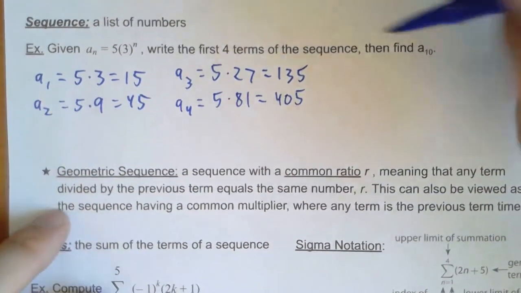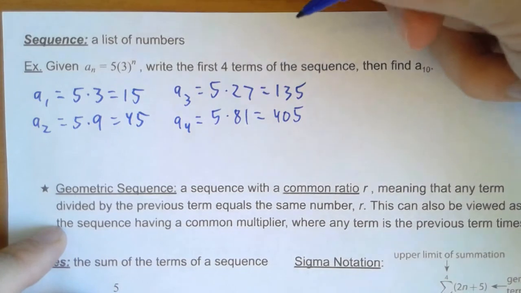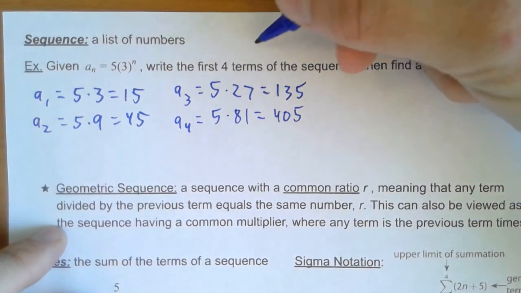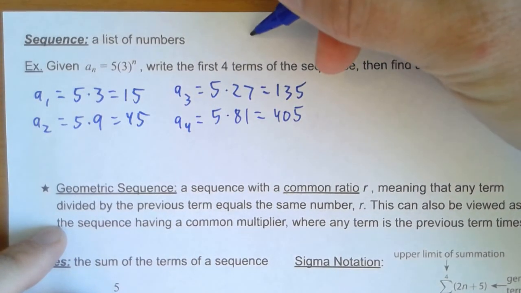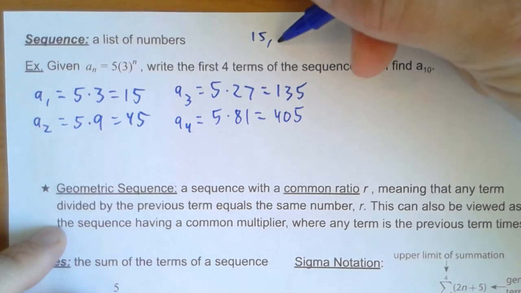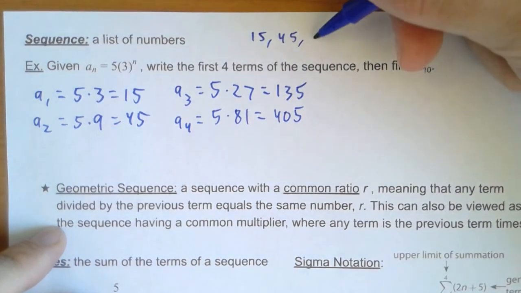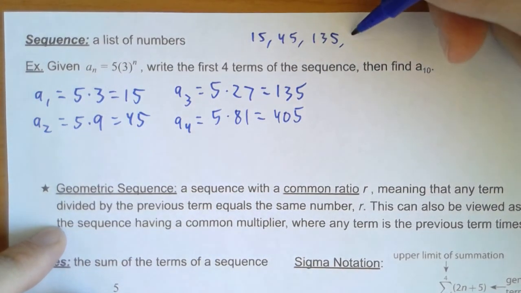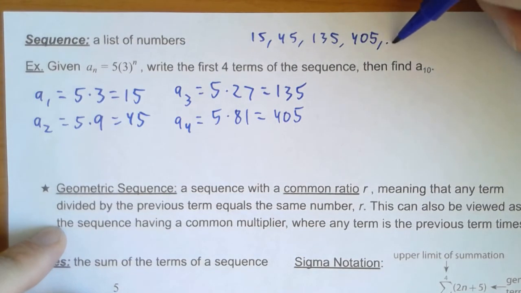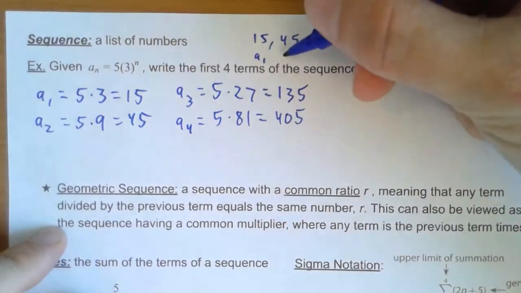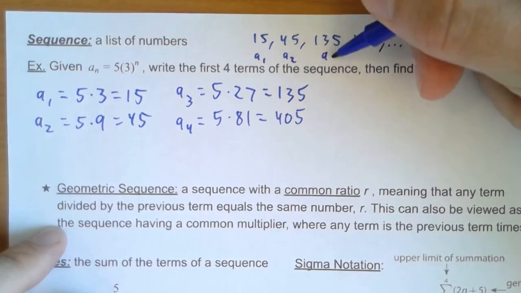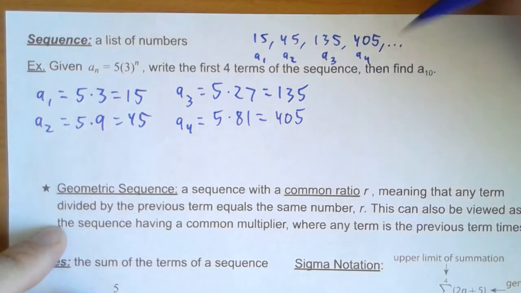So these are the first 4 terms. Sequences are often written in a list with commas, so you might often see this written as 15, 45, 135, 405. And we're just using these subscripts to refer to each of these terms.